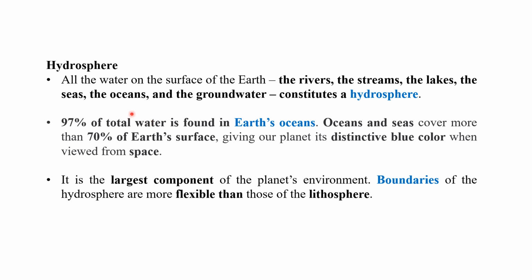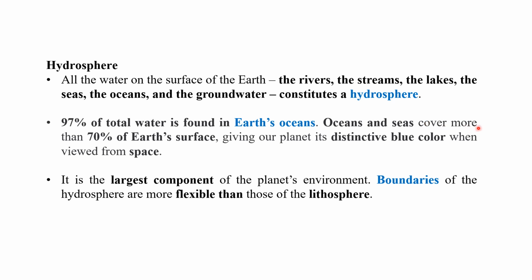What is hydrosphere? All the water on the surface of the earth, the rivers, streams, lakes, seas, oceans, and groundwater constitutes the hydrosphere. 97% of the total water is found in Earth's oceans.